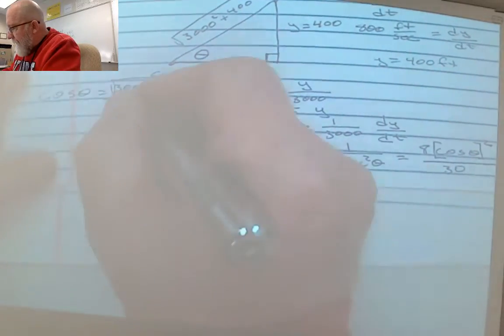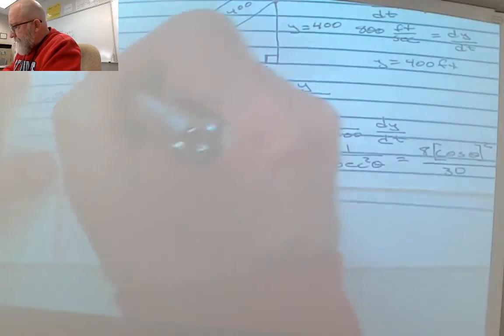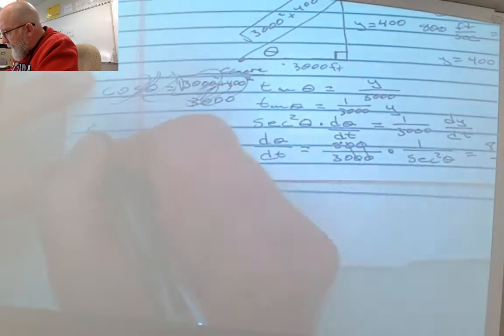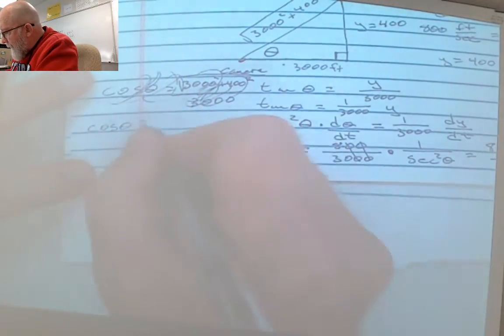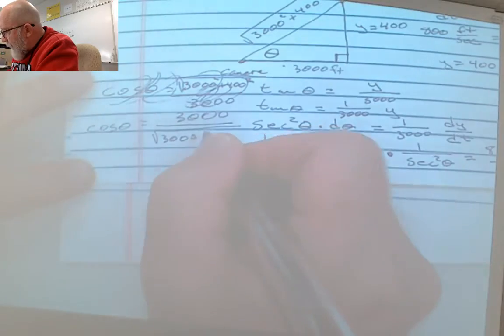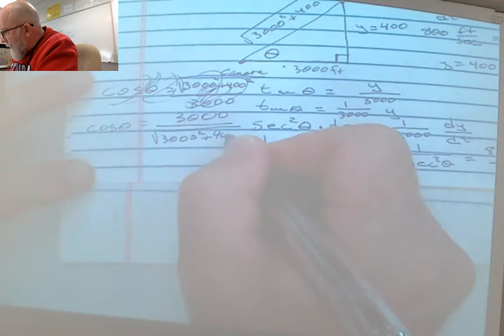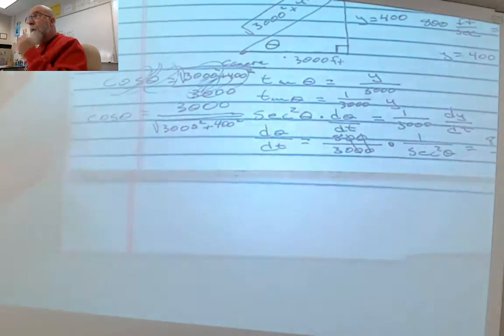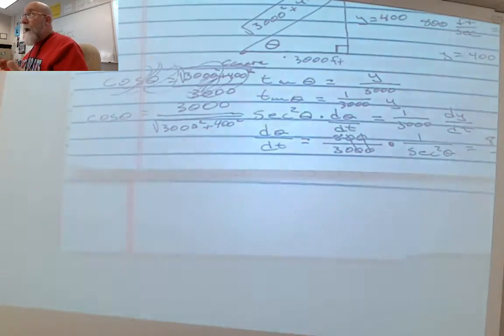Oh, I got it backwards, don't I? Sorry, I didn't get enough sleep. It's 3,000 over the square root of 3,000 squared plus 400 squared, correct? Which I can figure out on my calculator, correct?